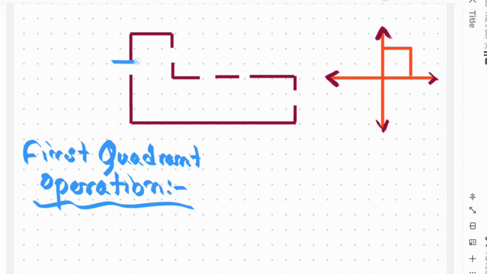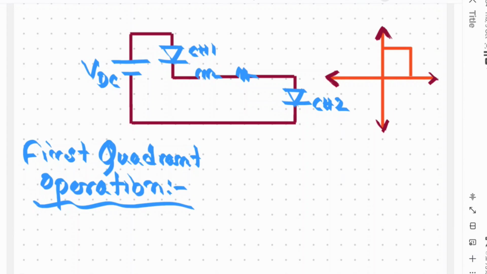This is the DC supply, this is VDC, then chopper 1, this is the inductor and resistor, and this is chopper 2. Let's replace these two switches with a short circuit, make it short circuit like this.